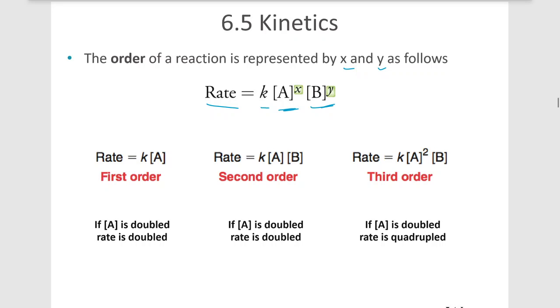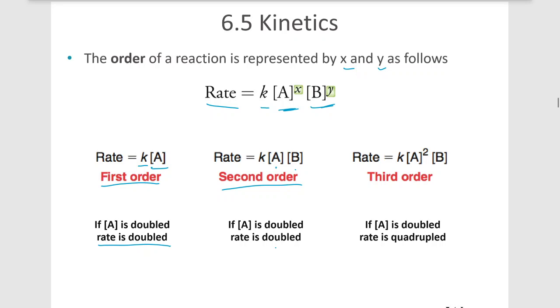If the rate is equal to K times the concentration of A, to the first power, then that's called a first order reaction. So if we double A, we double the rate. If the rate is equal to some K times the concentration of A times the concentration of B, and each of those are to the first power, then we can add those exponents together to get a second order equation, where if A is doubled, the rate is doubled.